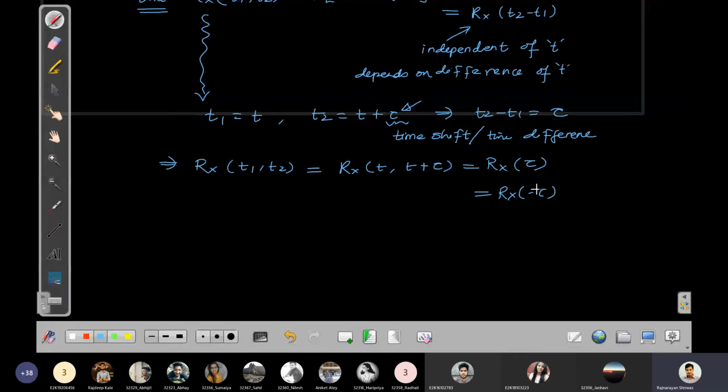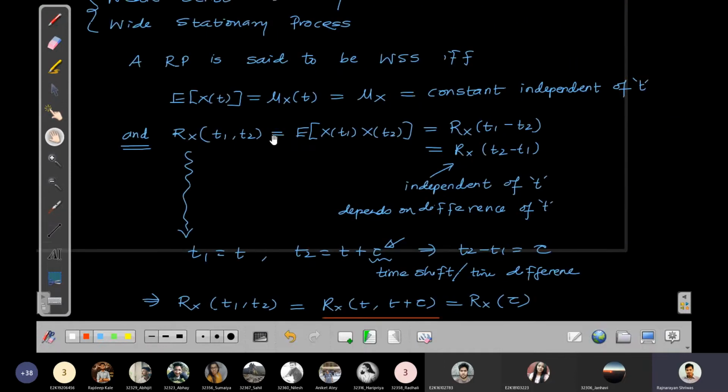It means that the autocorrelation of a WSS process is an even function, right? Sometimes people start with this, they choose t1 equal to t and t2 equal to t plus tau, because I can choose any t1 and t2. This should be true for all time t1 and t2.